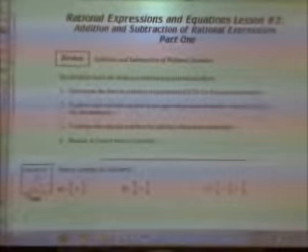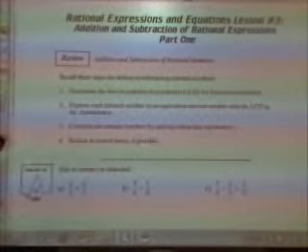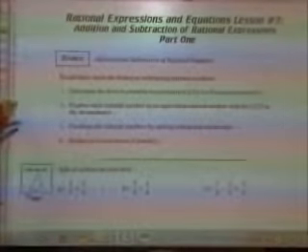Once you have your lowest common denominator, you then write each rational number as an equivalent rational number using that common denominator, and then add and subtract the numerators as indicated. Then reduce if possible.